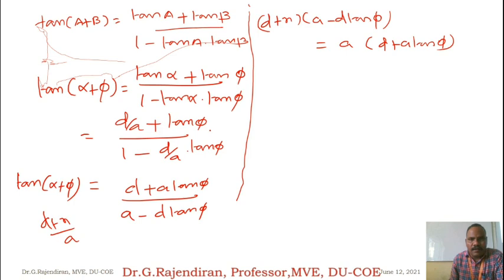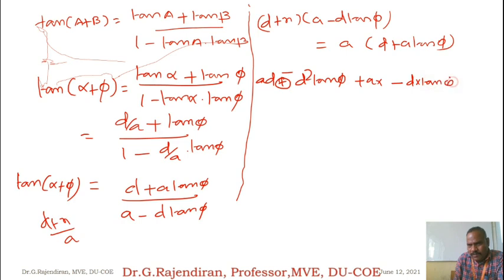Clear? Upon simplification, no need to expand fully. AD minus d square tan phi, correct, plus AX minus dx tan phi is equal to AD plus a square tan phi. Clear?